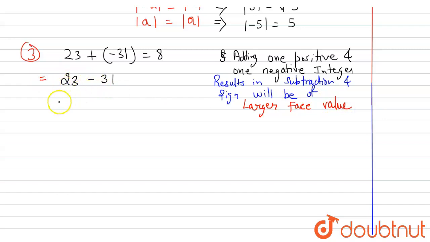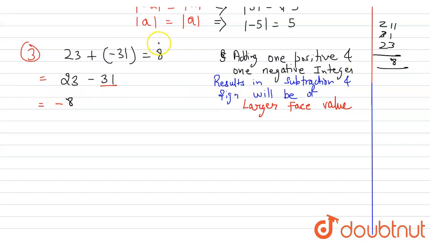So we have 23 minus 31. 31 has the larger face value, so the final answer will be negative. We subtract, carry forward, and get 11, and 11 minus 3 is 8. So we get negative 8 as the answer.